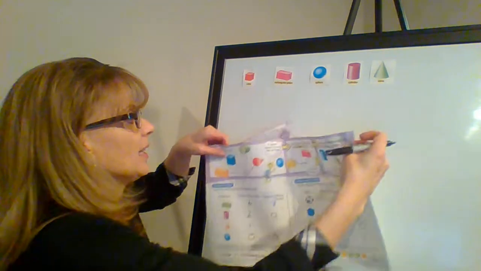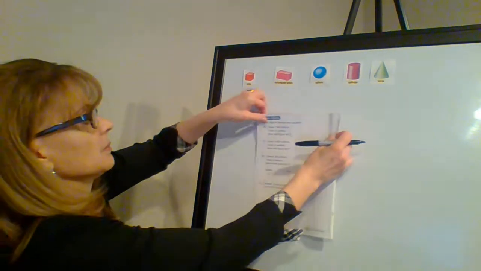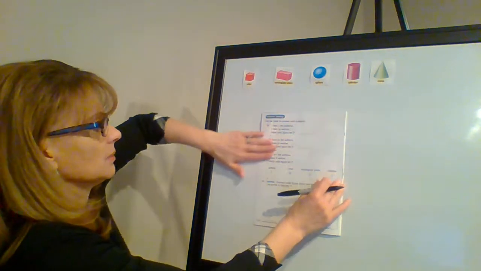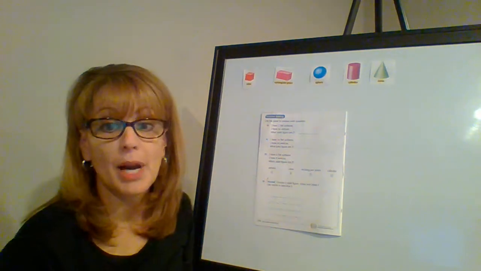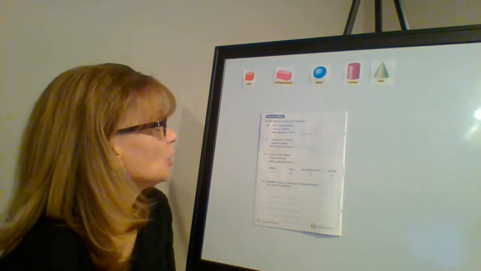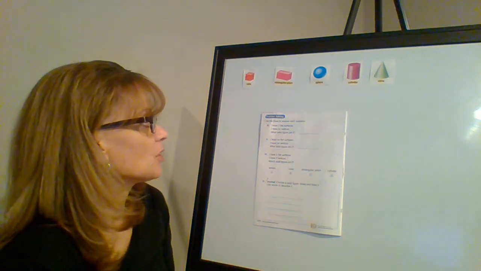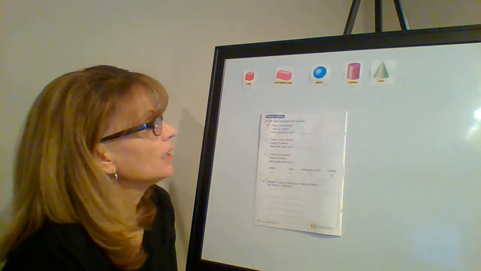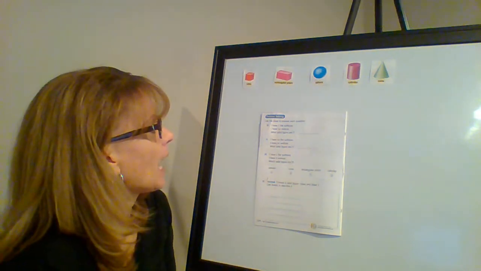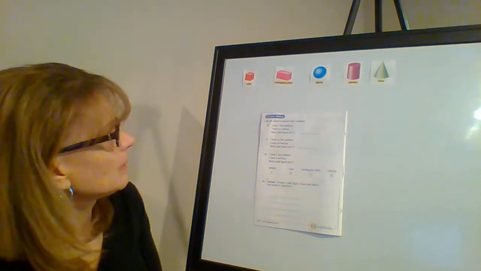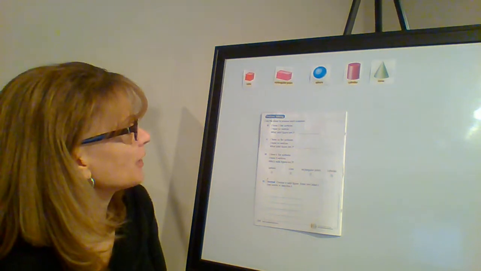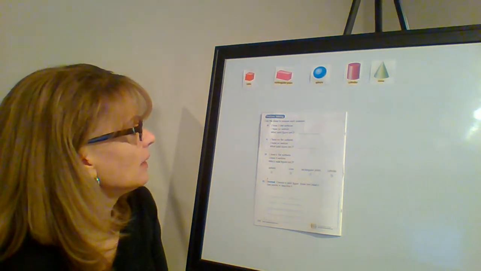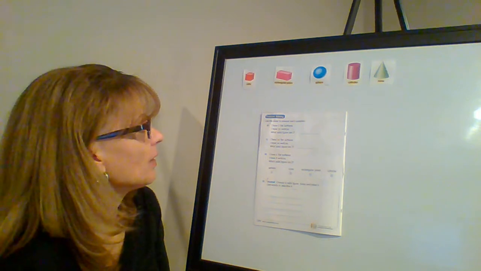Okay, let's turn to the back. Problem solving. It says use the clues to answer each question. So there are all your solid figures. I have 2 flat surfaces. I have no vertices.